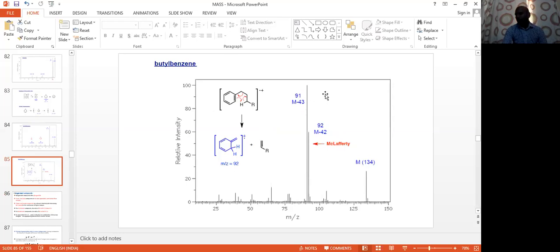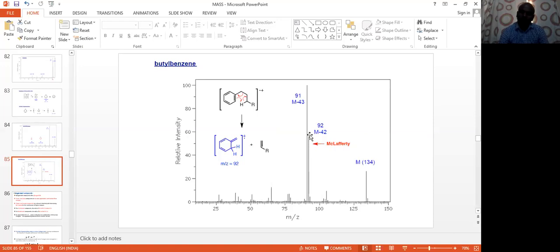Again, the tropylium ion for substituted aromatics, especially benzene, at M by Z value 91 is the prominent peak, so you can account for that. Further, 65 will be there, and 39 also will be there.